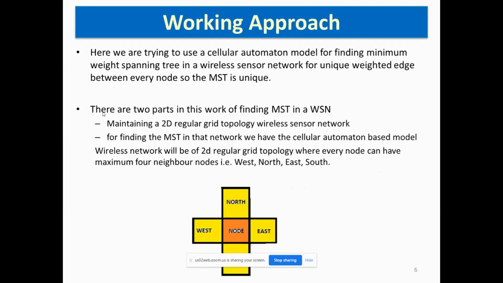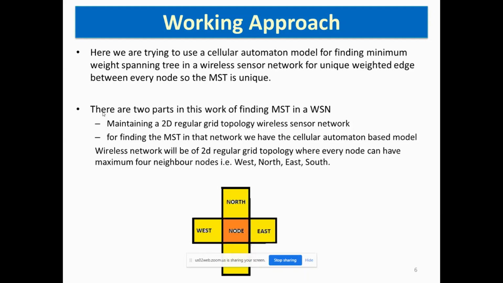cellular automata regarding this. So what we are trying here is we have two phases in our work, two parts. One is to maintain a 2D regular grid structure like a wireless sensor network, and then to implement our cellular automata algorithm in that particular regular grid sensor network.